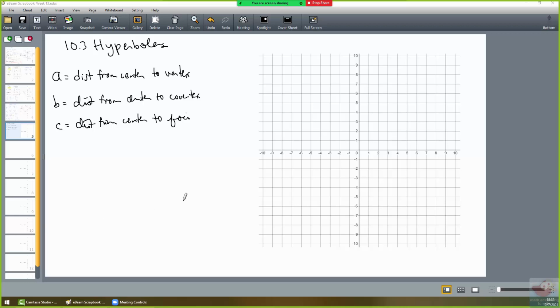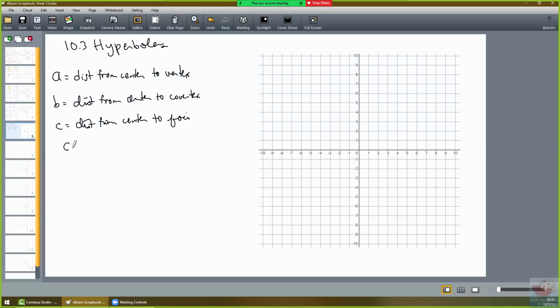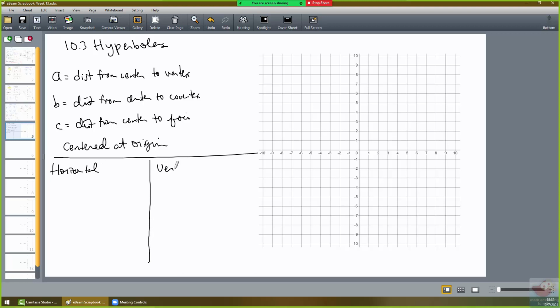However, we have a very big change, and that is the equations themselves. We'll start off with, again, centered at the origin. And from those, we have the two categories, horizontal and vertical.